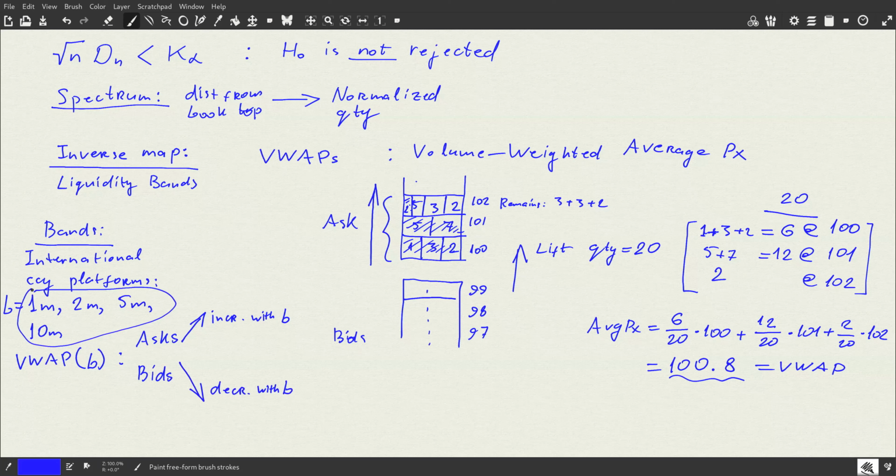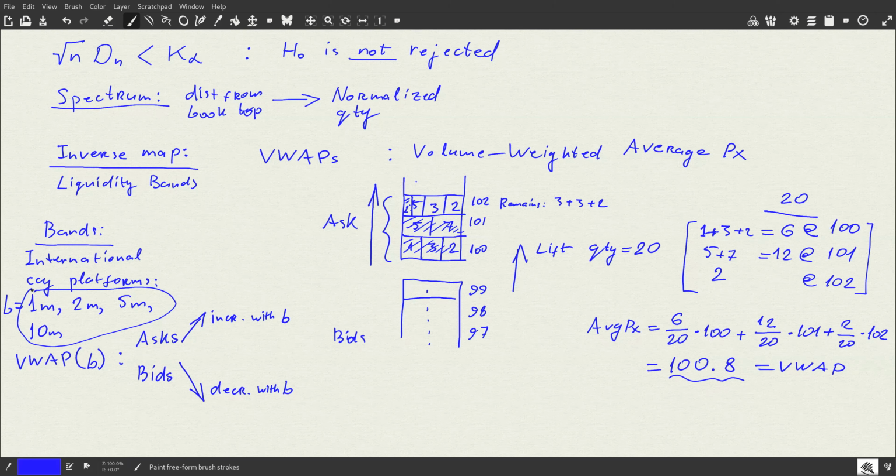In our Moscow exchange setup, it's not going to be that much. 1 million, 2 million, 5 million, 10 million. 1 million is a very standard quantity for currency trade in those international currency platforms like EBS, Reuters matching, Hotspot FX, Currenex, you know, there are many of them.